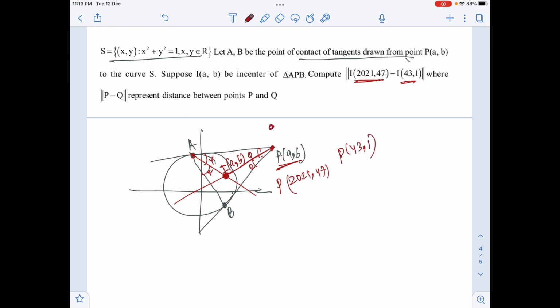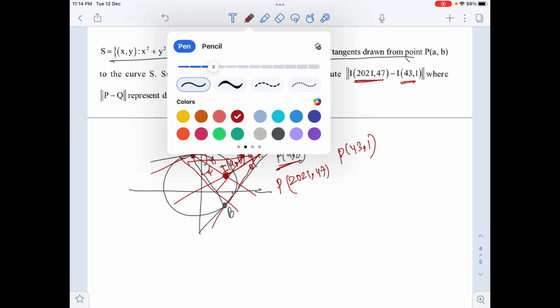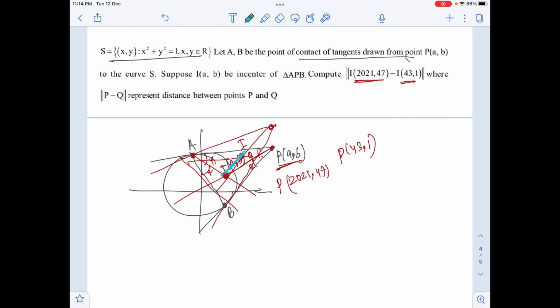And when I take the point (43, 1), the chord of contact will change, the triangle will change, the incenter will change. Does it make sense? And then you have to find the distance between these two incenters, because the meaning of P minus Q represents the distance between P and Q.